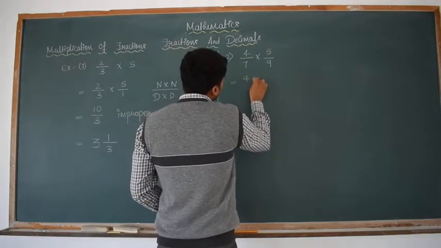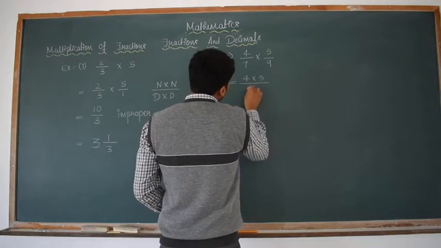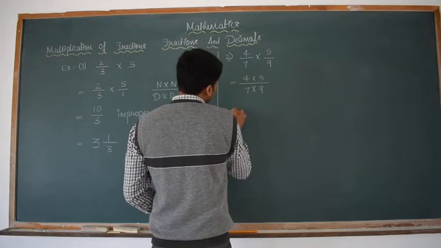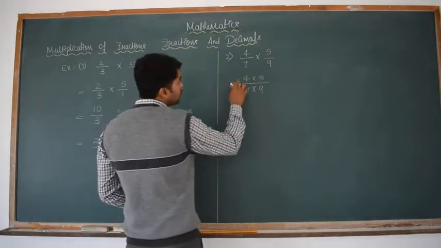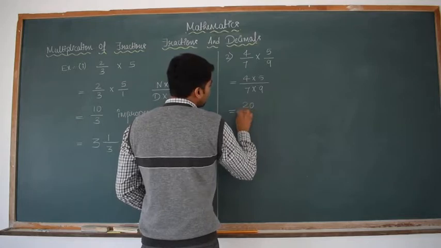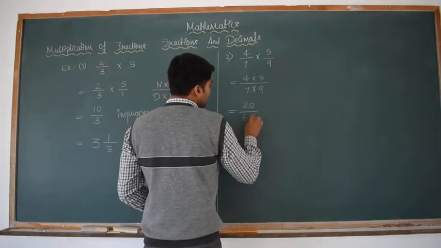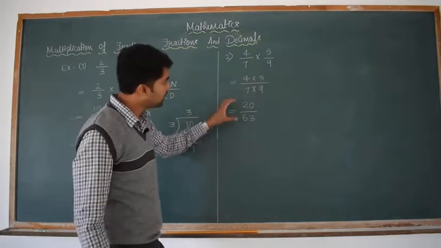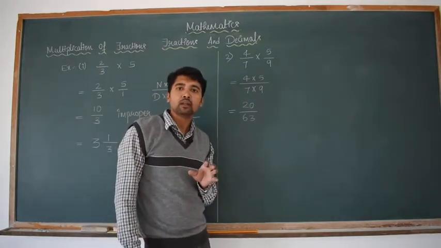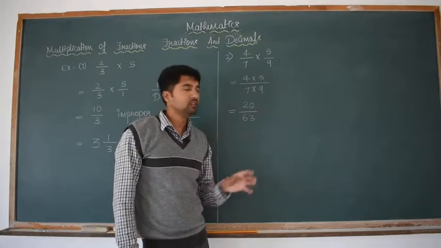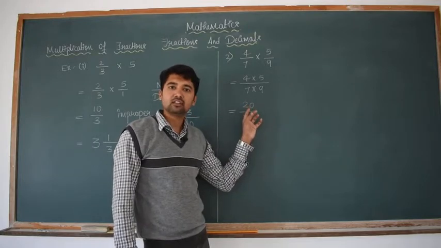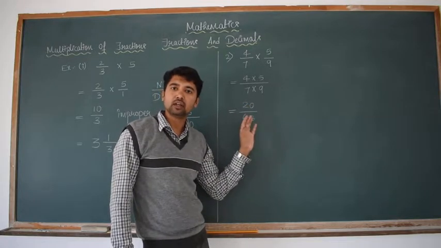That is 4 into 5 divided by 7 into 9. So 4 5s are 20 divided by 7 9s are 63. 20 by 63 is a proper fraction since we have a lesser numerator than the denominator.